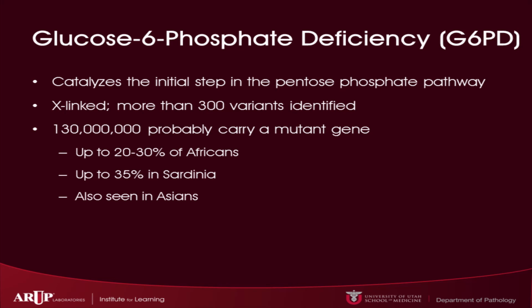This is an X-linked disease, so boys or males are affected, and females can be carriers. A lot of different variants or mutations have been described. It's commonly seen in the African American population, about 35% in the Sardinian population, and also seen in Asians. So this is again common in the African population and some of the Mediterranean population too.